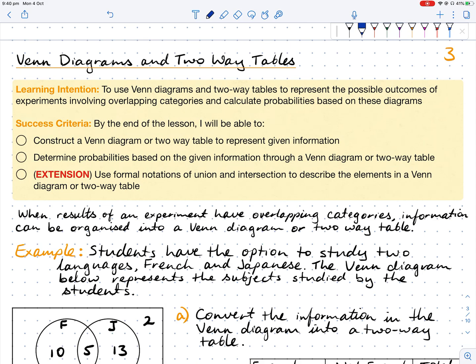And as an extension, there's a bit extra, particularly for those who are planning on studying advanced and extension maths next year, which is using some formal notation to write out what's shown in a Venn diagram or a two-way table. This extension section I will do as a separate video.